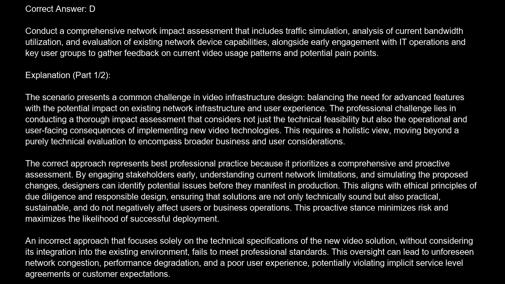An incorrect approach that focuses solely on the technical specifications of the new video solution, without considering its integration into the existing environment, fails to meet professional standards. This oversight can lead to unforeseen network congestion, performance degradation, and a poor user experience, potentially violating implicit service level agreements or customer expectations.